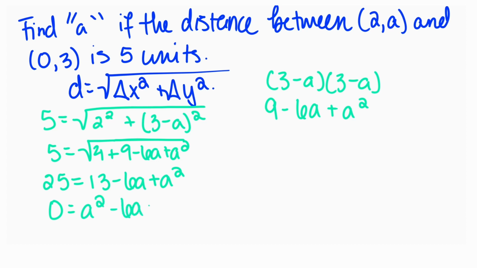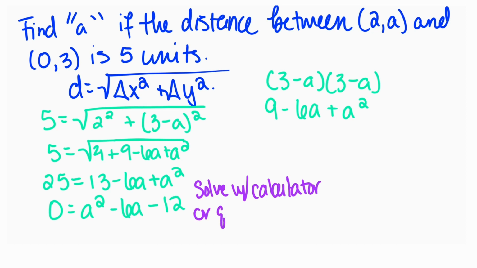Move that 25 over. 0 equals a squared minus 6a minus 12. Now at this point, you can't factor that, I don't think. So you can solve with the calculator or do the quadratic formula, or you could even complete the square for this one if you'd like.